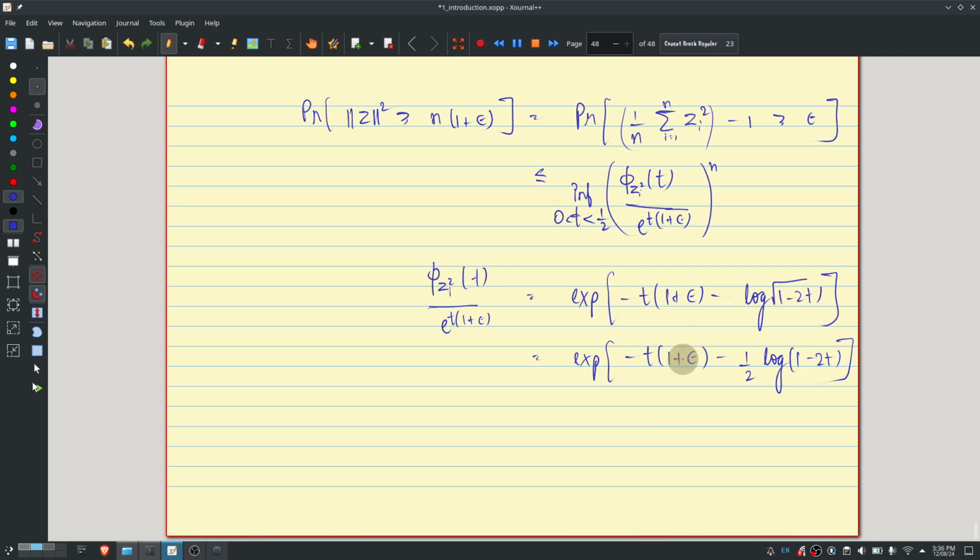Okay, so let's try to minimize this particular exponent over here. Let me call this psi of t. What kind of a function is psi of t?